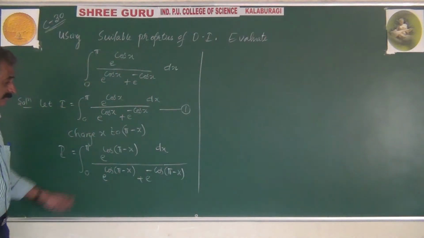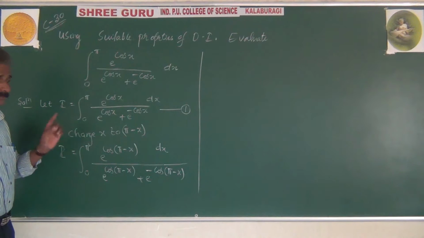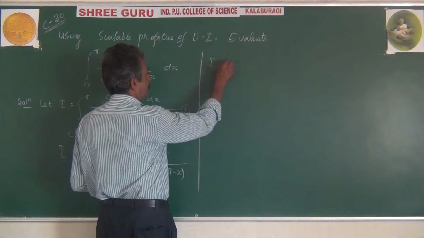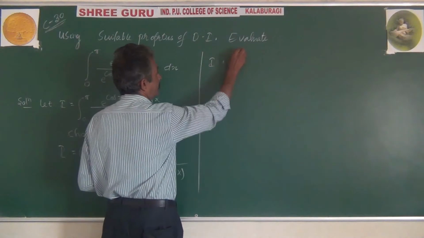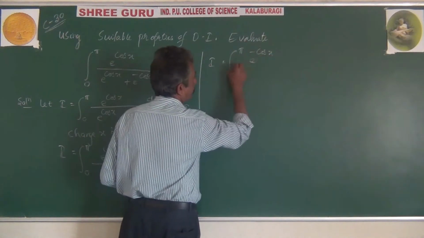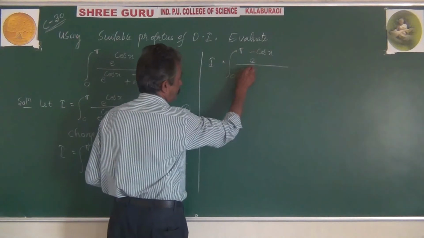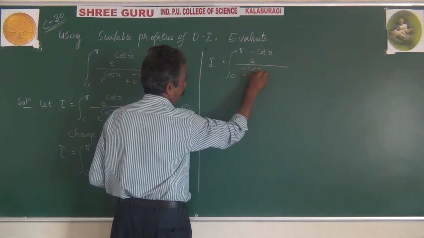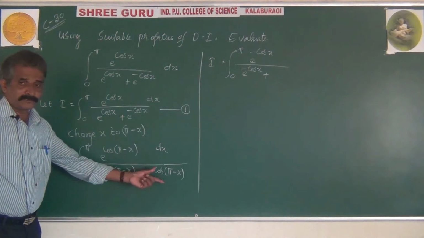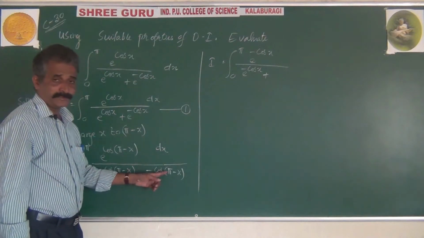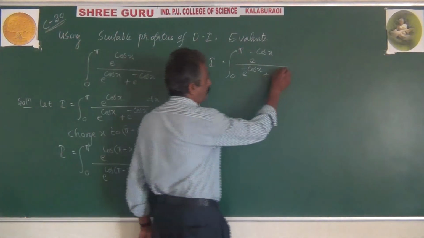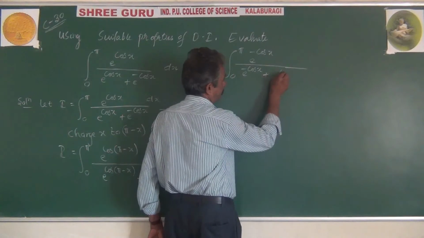We know that cos of pi minus theta is minus cos theta. Hence, I becomes now integration 0 to pi e to the power of minus cos x divided by e to the power of minus cos x plus, here cos of pi minus x is minus cos x, so minus to minus will become plus e to the power of plus cos x.